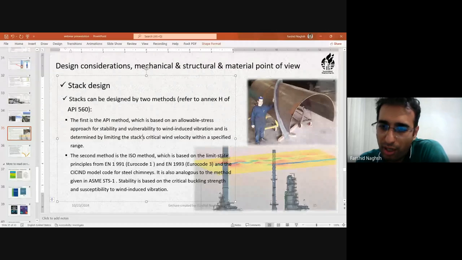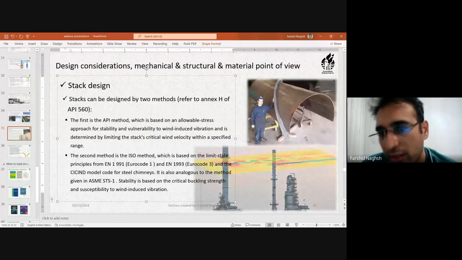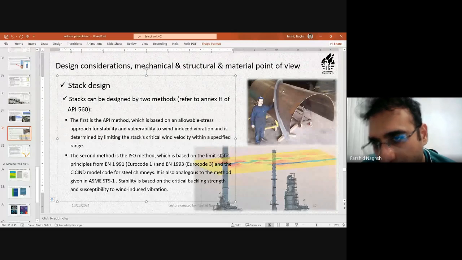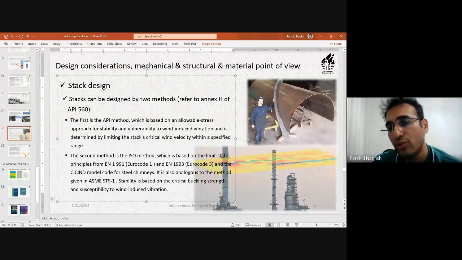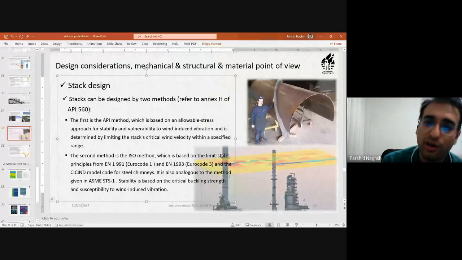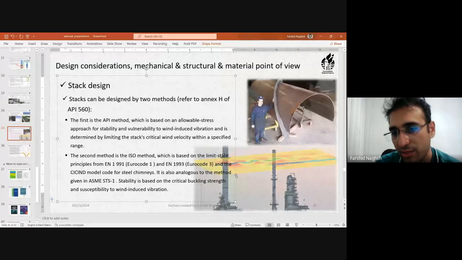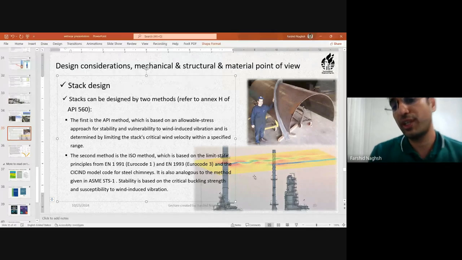But I wanted to talk about these helical strakes. As you probably know, these strakes do not contribute to the mechanical strength of the stacks. They are used to break the wind-induced vortexes known as von Karman vortexes. These vortexes of vibration caused by winds produce a lot of pressure on the stack.